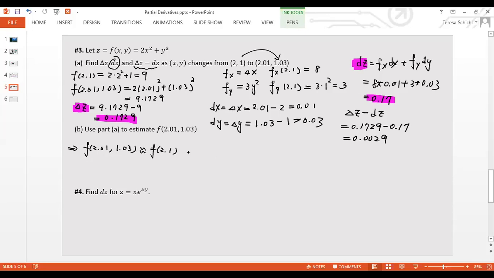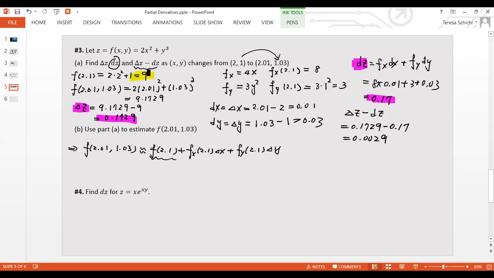So f(2, 1) plus the differences here, right? Plus f_x(2, 1) delta x plus f_y(2, 1) delta y. What is f(2, 1)?